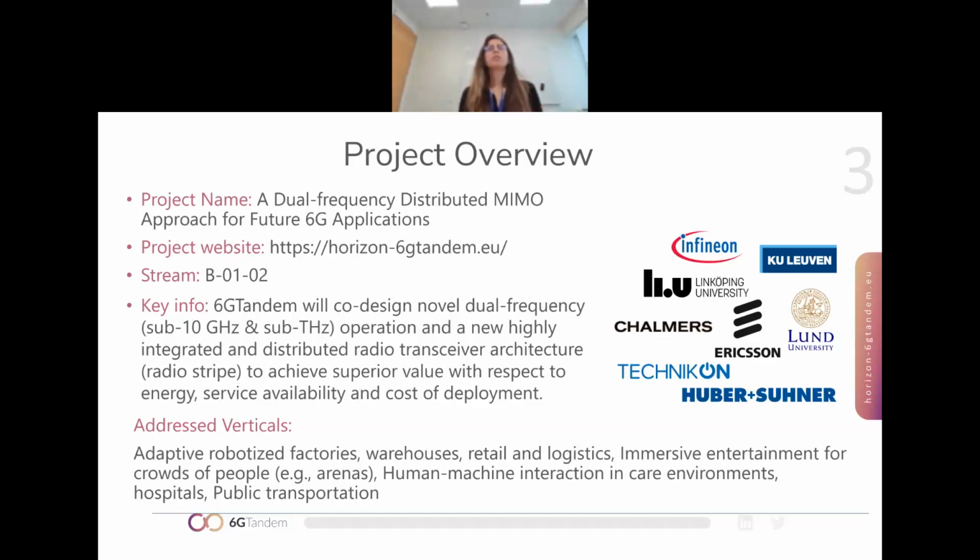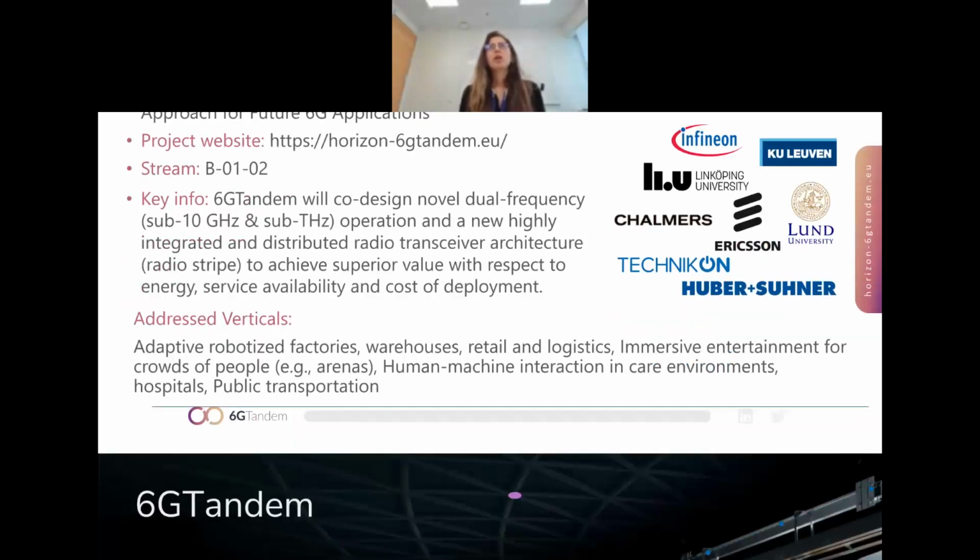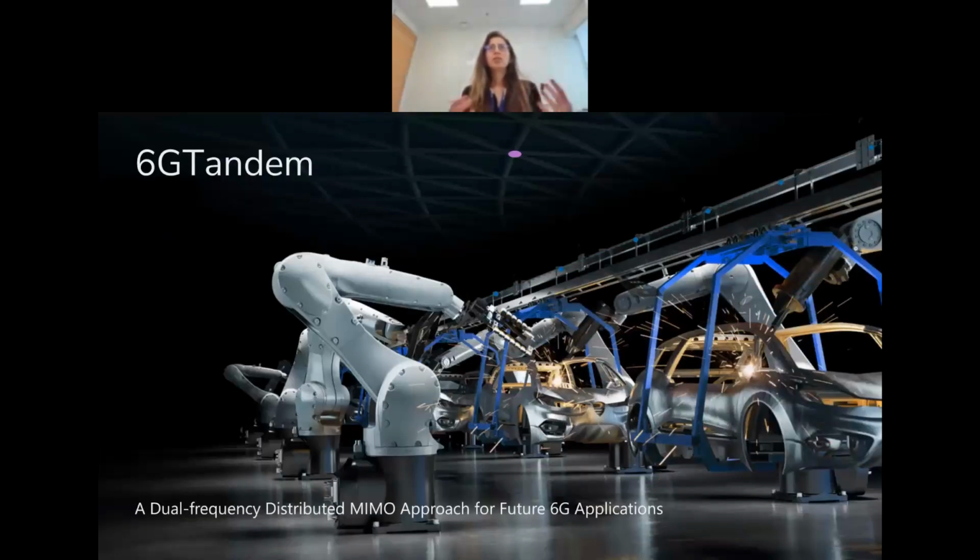But we are trying to think of adaptive robotized factories, warehouses, where you have high traffic and densely populated areas, immersive entertainment for a crowd of people, that is arenas, for example, human-machine interactions in care environments, hospitals, and public transportation. So just thought to give you an image to remember 6GTandem, and this is one of those kinds of deployments that I just talked about.